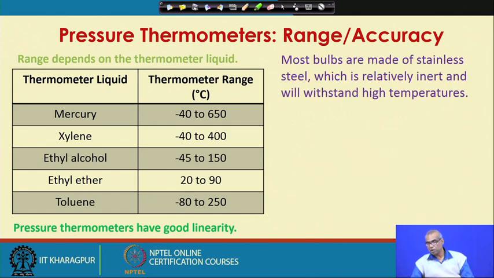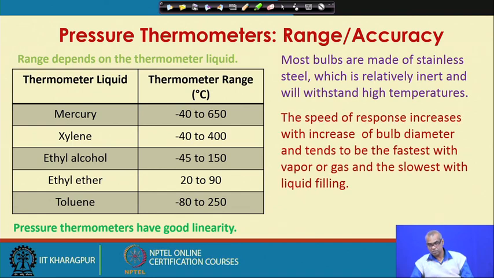Most bulbs are made of stainless steel, which is relatively inert and will withstand high temperatures. The speed of response increases with increase of bulb diameter and tends to be the fastest with vapor or gas and the slowest with liquid filling. So, later on we will talk about gas filled thermometer or vapor filled thermometer. Now, we are talking about liquid filled thermometers.